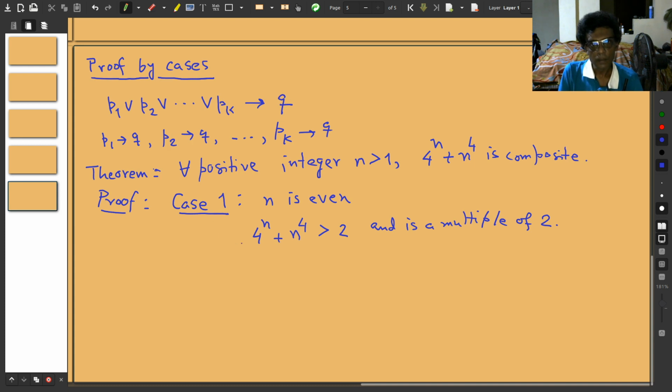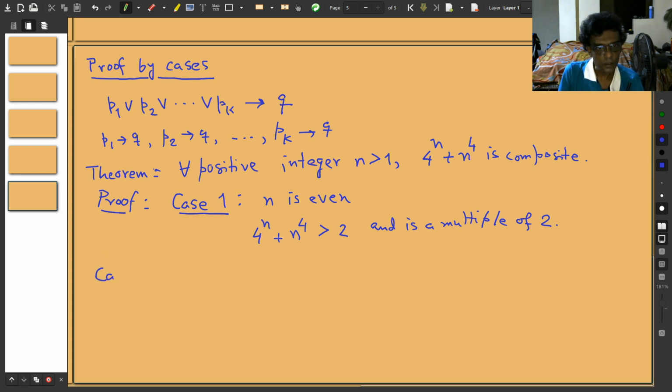This gives 2 power 2n, and n is even, so a factor of 2 also comes from n power 4. So it's a number bigger than 2 and it is divisible by 2, therefore it has to be composite. And the other case I need to consider is this.